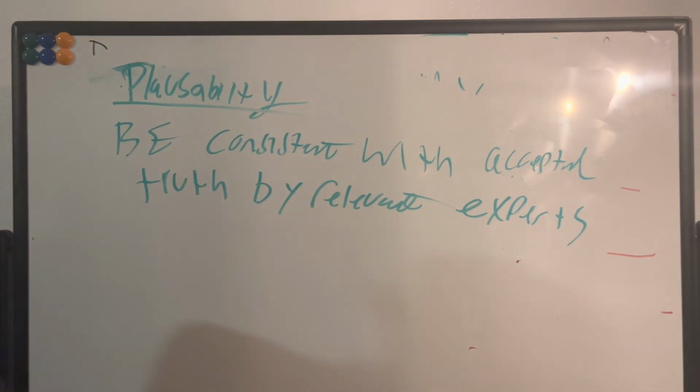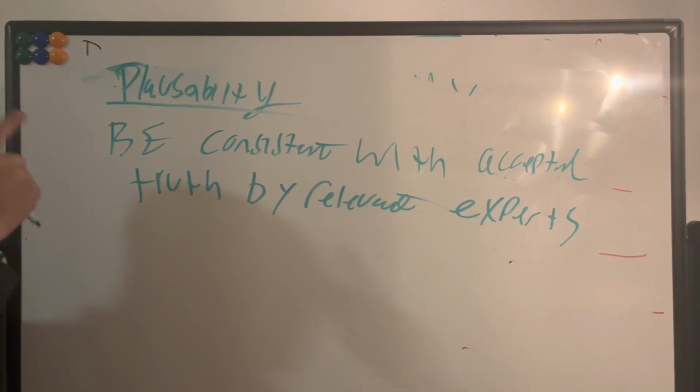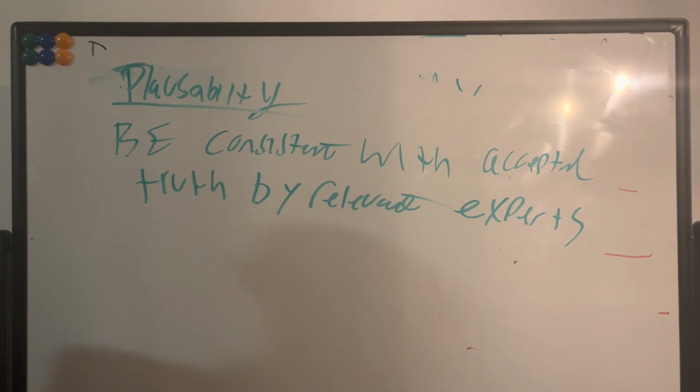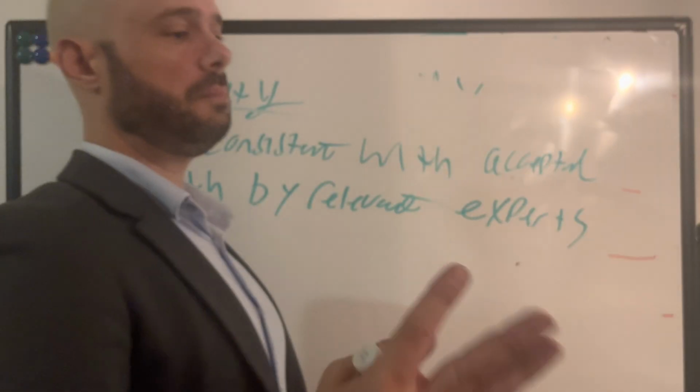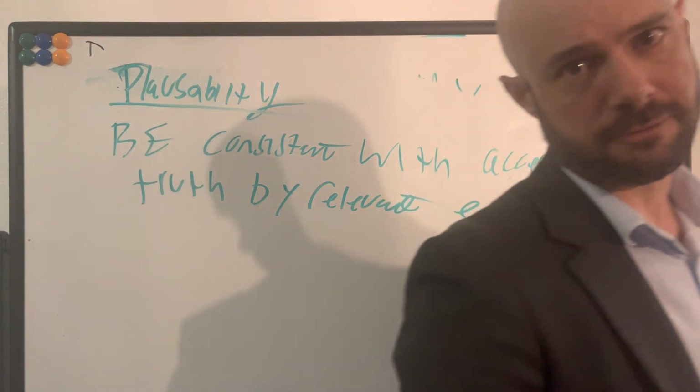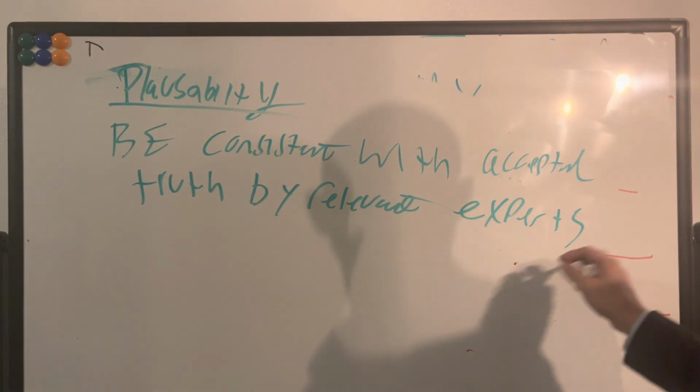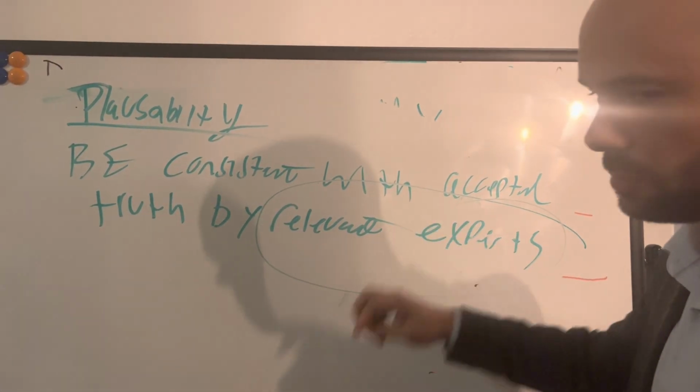Plausibility does not mean true, right? Plausibility has to do with whether or not it's consistent with what people believe. But we don't want to know what just anyone believes. We want to know about the relevant experts on whatever we're talking about.